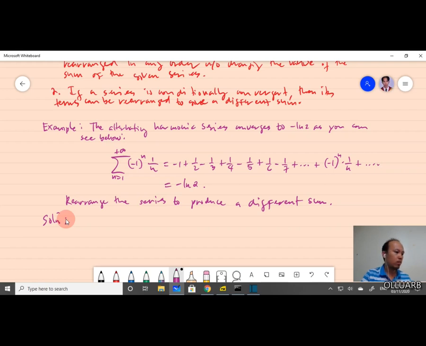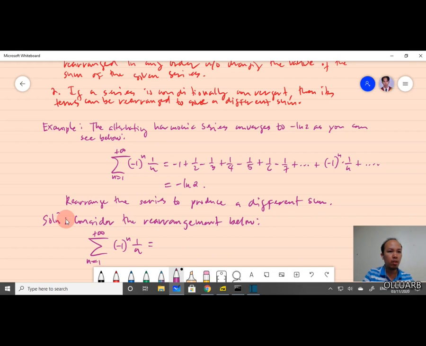So solution, consider the rearrangement below. Okay, so we have summation of (-1)^n times 1 over n, where n starts from 1 to positive infinity.